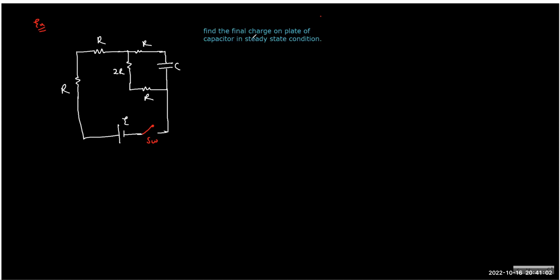Right now you have no idea what is going to happen, but I can see that, okay, current will flow like this, will come here, will get divided here, and therefore some charge will deposit here. So the charge on the plate we can understand. It should be something like this, isn't it? Once you switch on and leave it for a long time, the capacitor will acquire sufficient charge based on the potential difference across it.